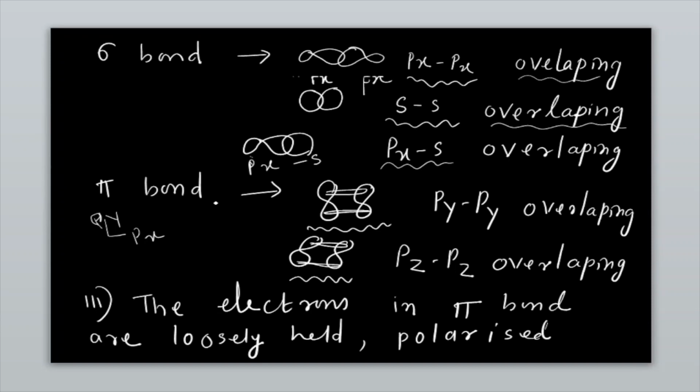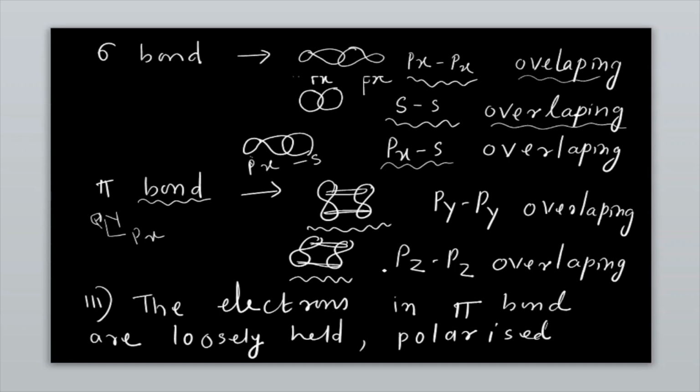Now pi bond means lateral overlapping. There is no direct connection in a pi bond. That is called lateral or sidewise overlapping. For example, Py with Py: when they overlap, there is no direct overlapping, it is sidewise or lateral overlapping, so it is called Py overlapping.